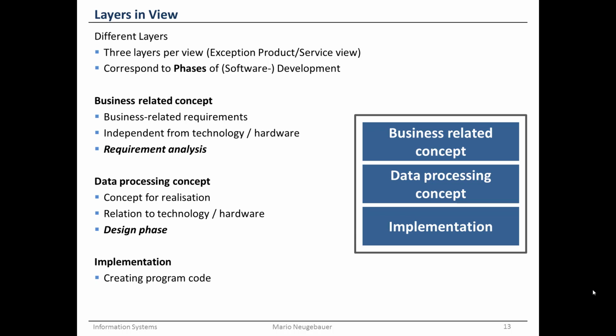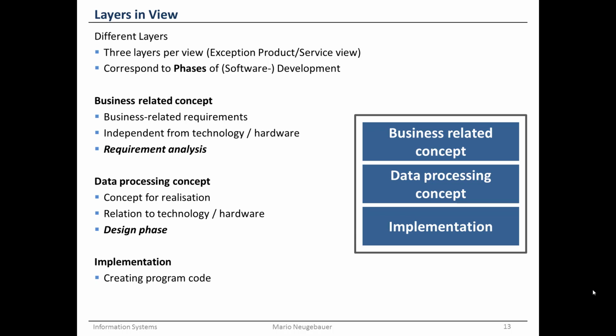And if you think about who is involved in these different phases, then you could see that the first phase, the business related concept creation, is of course very important for the people who somehow have to perform the business process, who somehow need the support by the software, and therefore they are the stakeholders of this requirement analysis.